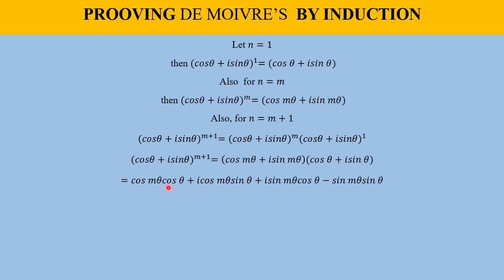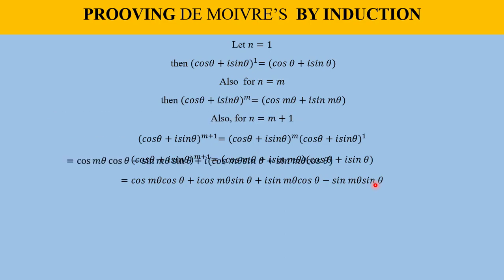Then the next step is to open the bracket, so we shall have cos m theta times cos theta, which is cos m theta cos theta, then cos m theta times i sin theta, which is i cos m theta sin theta, then i sin m theta times cos theta, which is i sin m theta cos theta, then lastly i sin m theta times i sin theta, which will be i squared, but remember i squared is negative 1, so we shall have negative sin m theta sin theta.